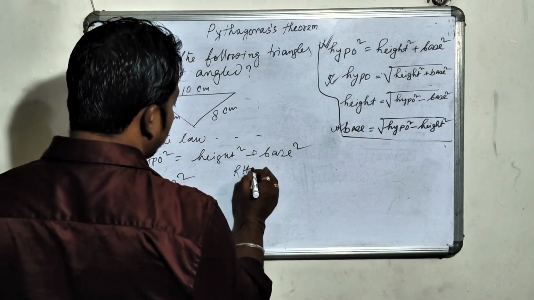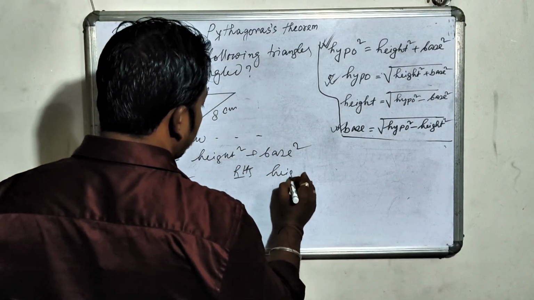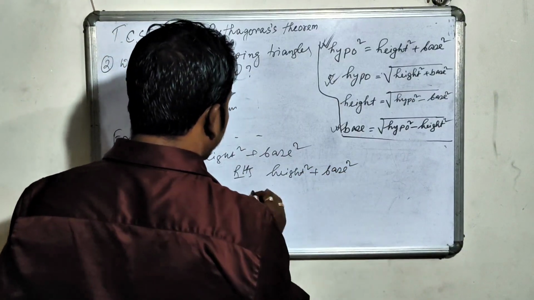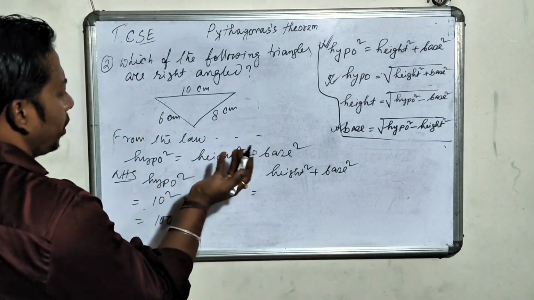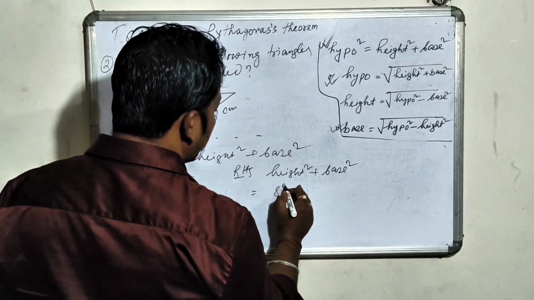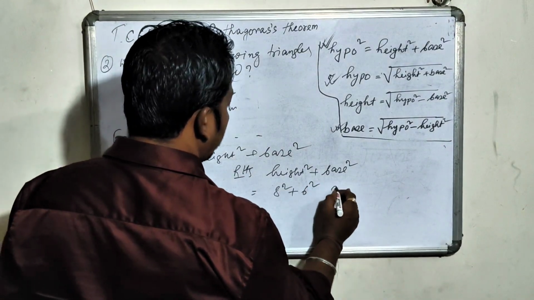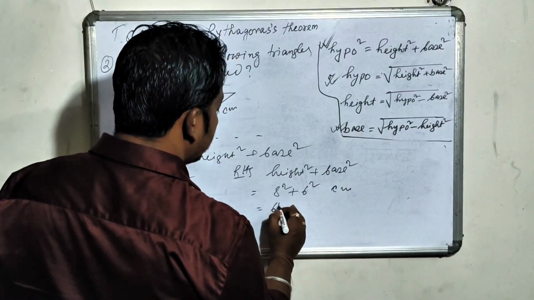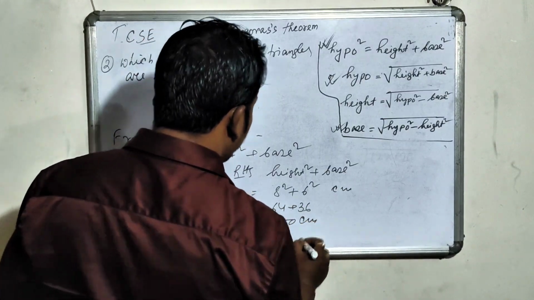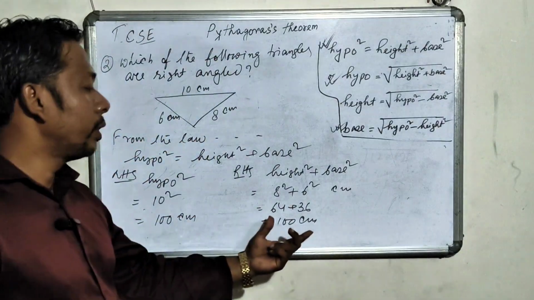Right hand side, height square plus base square. You can take anyone as height, anyone as base, no matter. So 8 square plus 6 square centimeter, 64 plus 36, that is 100. So left hand side equals to right hand side.